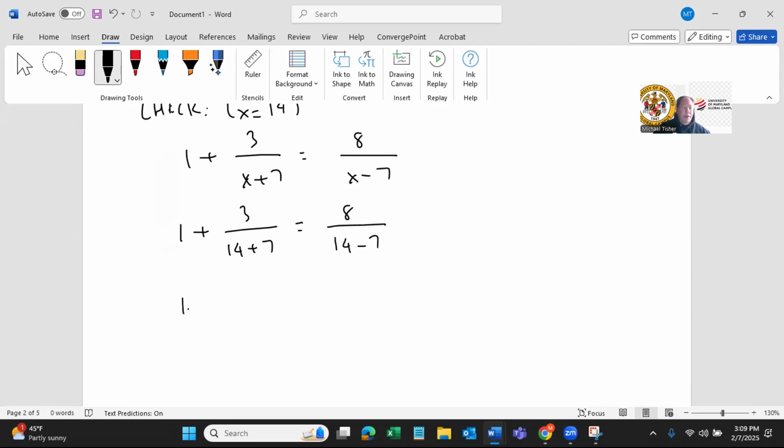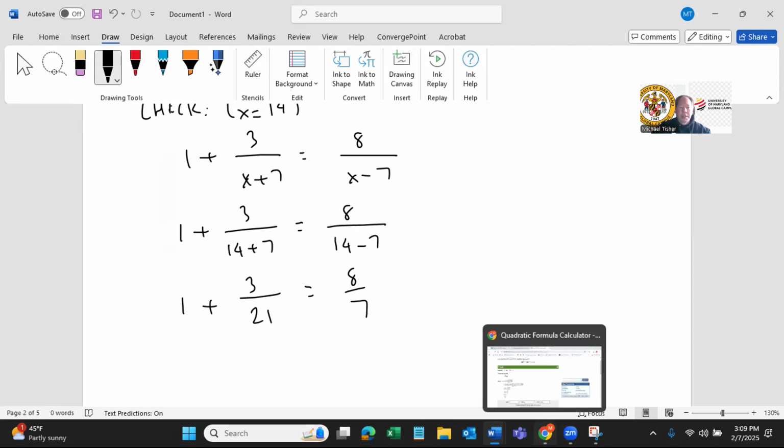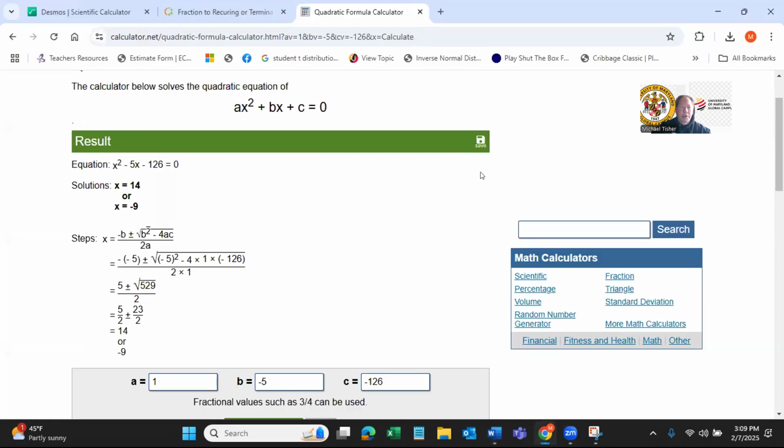All right, doing some math, we have 1 plus 3 over 14 plus 7 is 21 equals 8 over 14 minus 7 is 7. All right. So we hope now that 1 plus 3 over 21 is 8 over 7. So let's use a Desmos calculator to see if this is true.